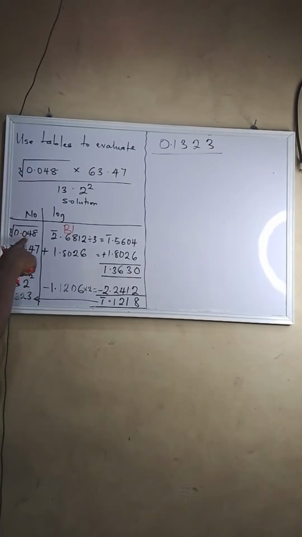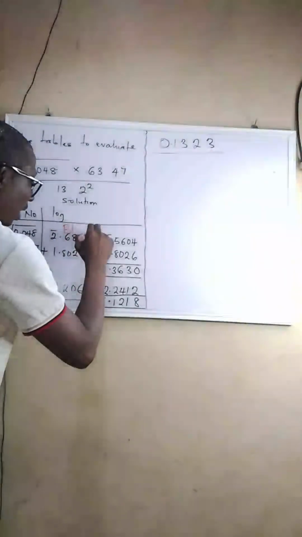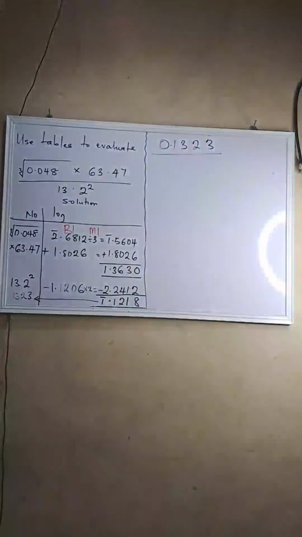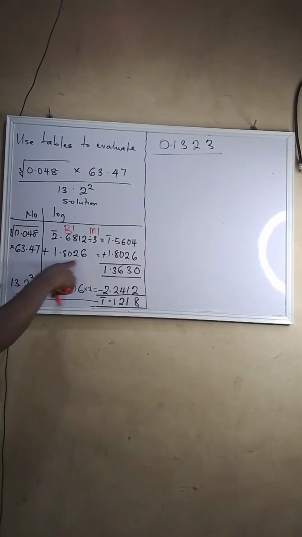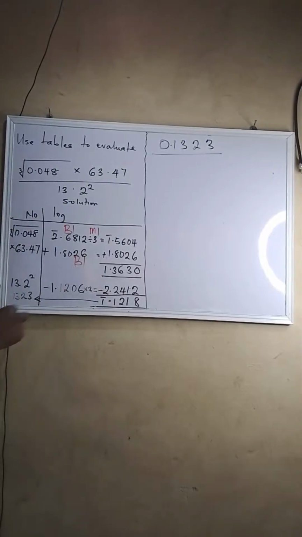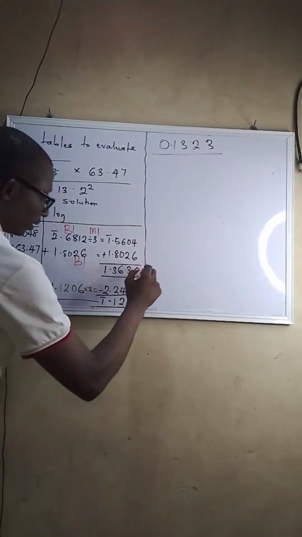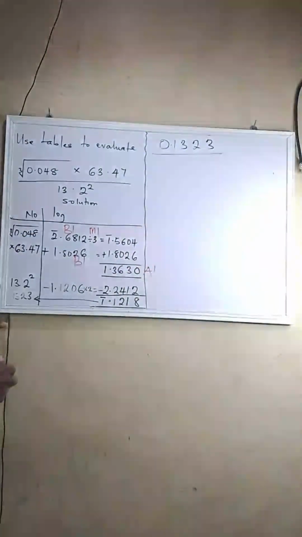Now, for dividing by 3, there will be another method mark, M1, for that. Okay, so look at this. For checking this and having 1.8026, there will be a block mark, B1, for that. Now, for evaluating and getting this answer, there will be an accuracy mark, A1, for that.